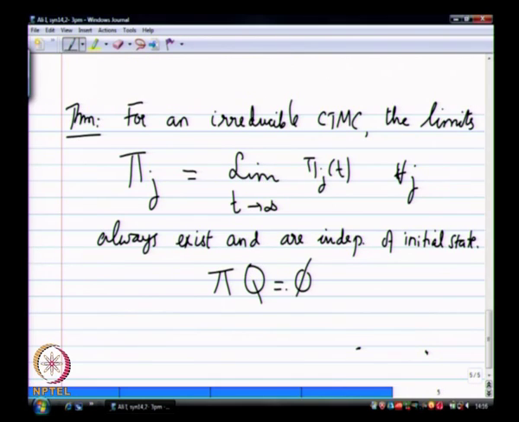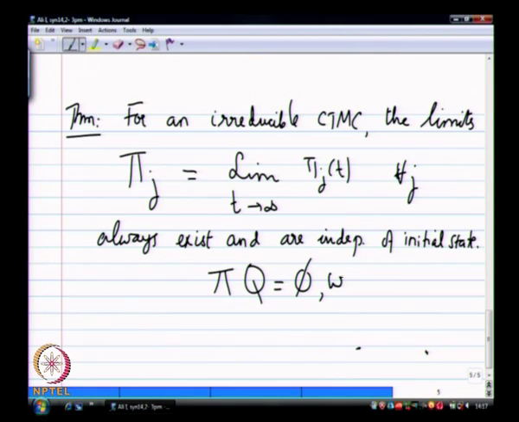So how do we determine these pi j's? In the other case, v into P was equal to v. That is the steady state probability in the case of DTMC, because there we use the transition probabilities. Here we are using the generator matrix.